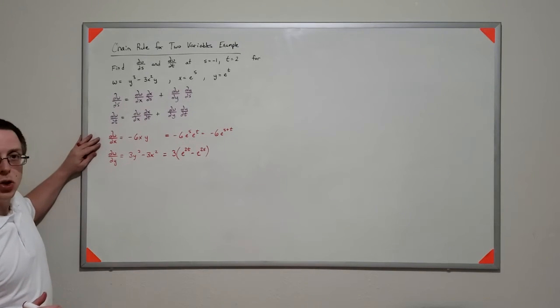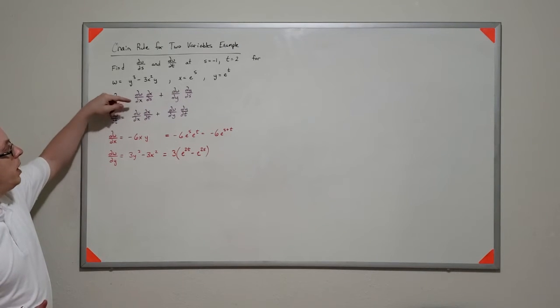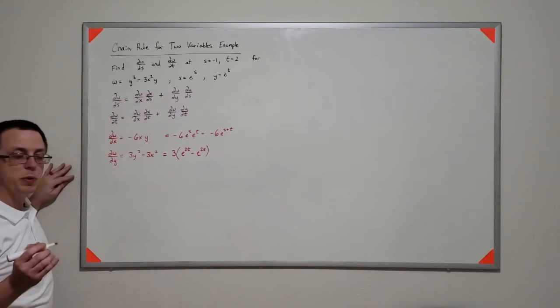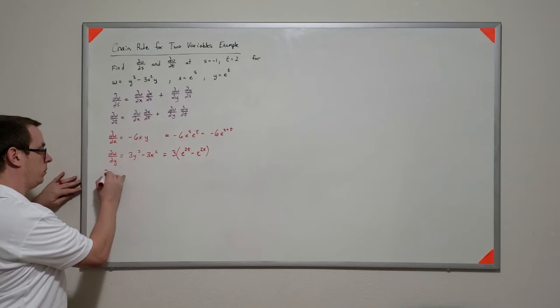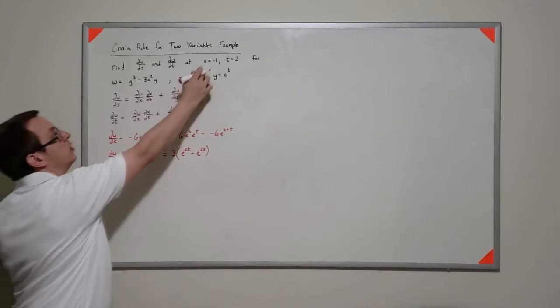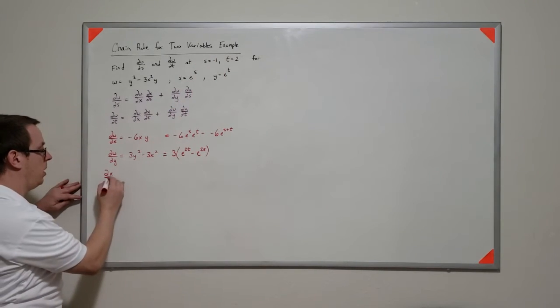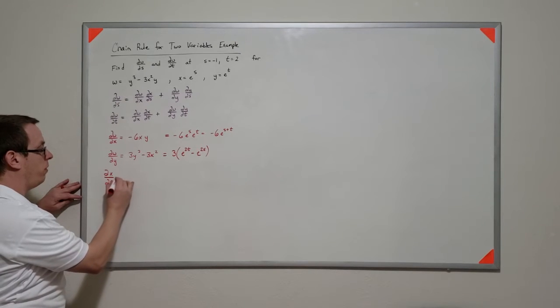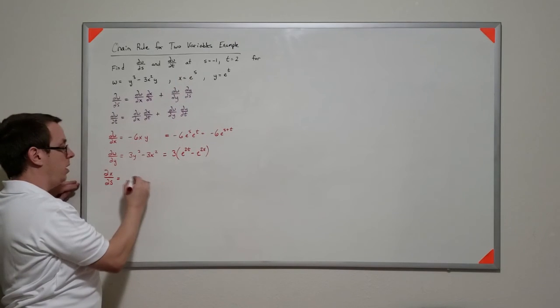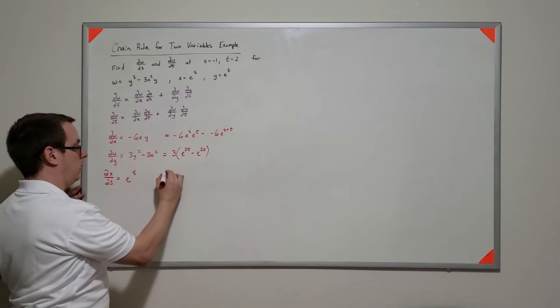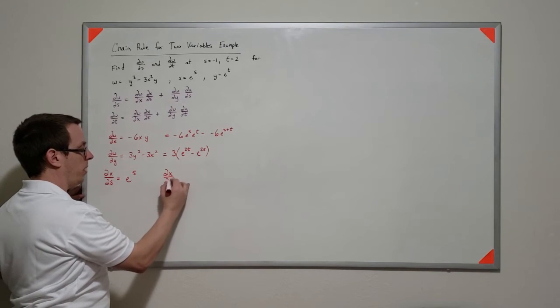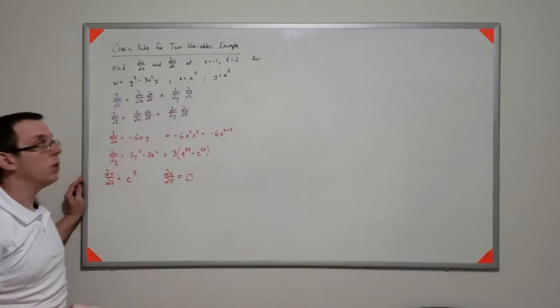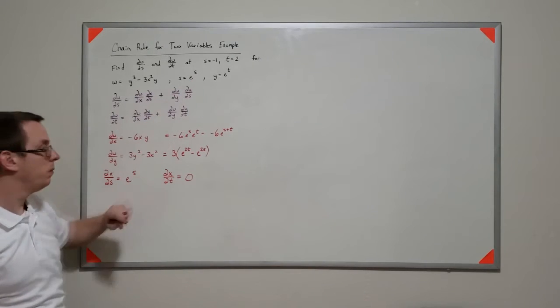So now we have these in terms of s and t, but let's go ahead and get those partials with respect to these parameters here, s and t. So the partial of x with respect to s is e to the s. The partial of x with respect to t is actually 0 because there's no t here.